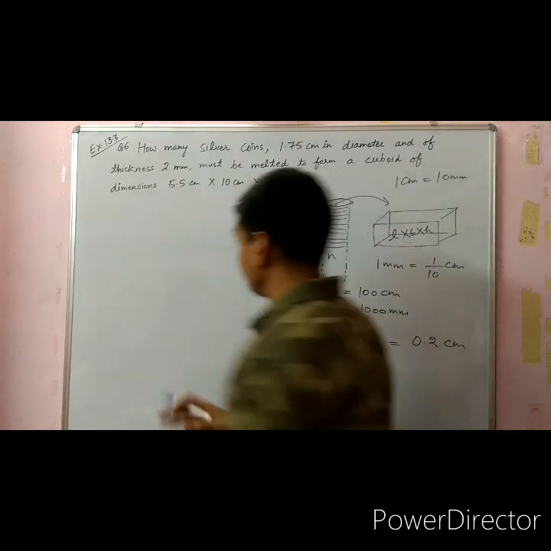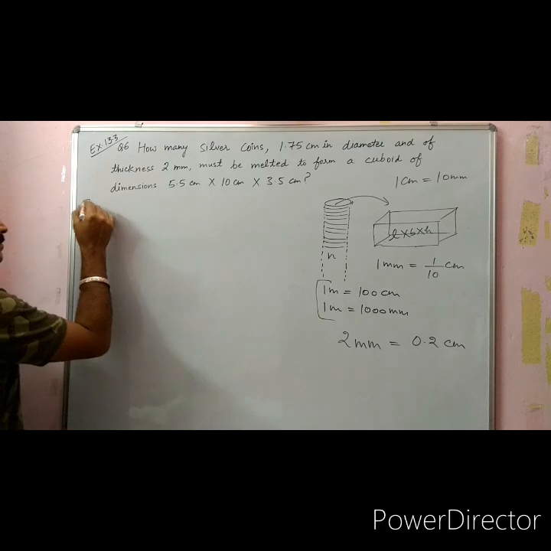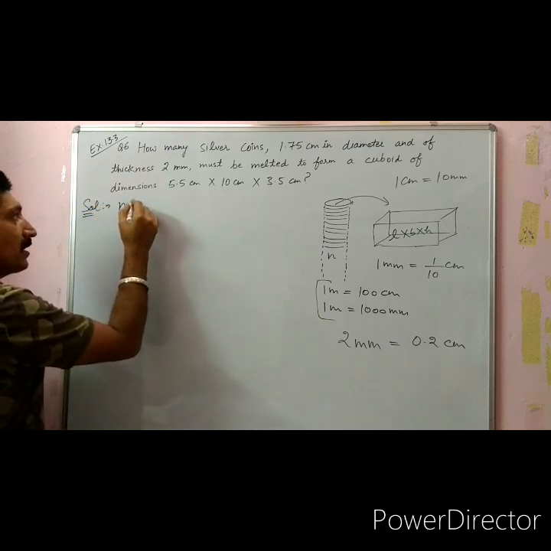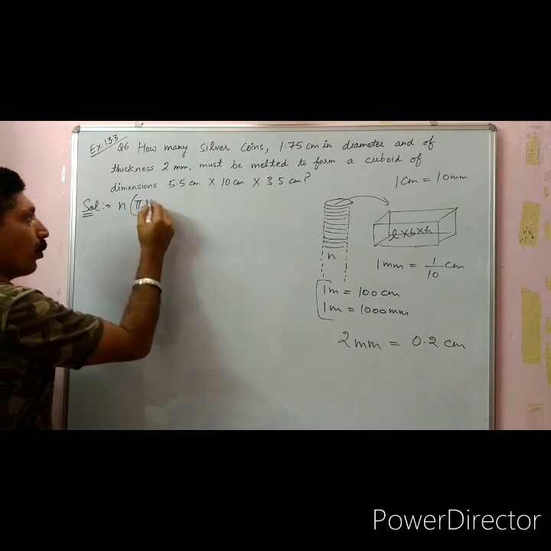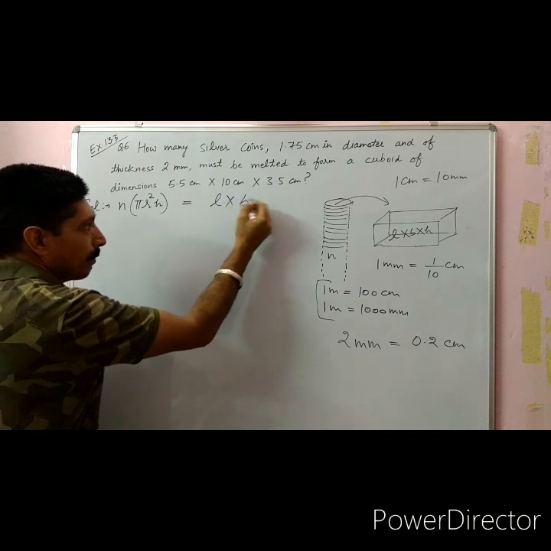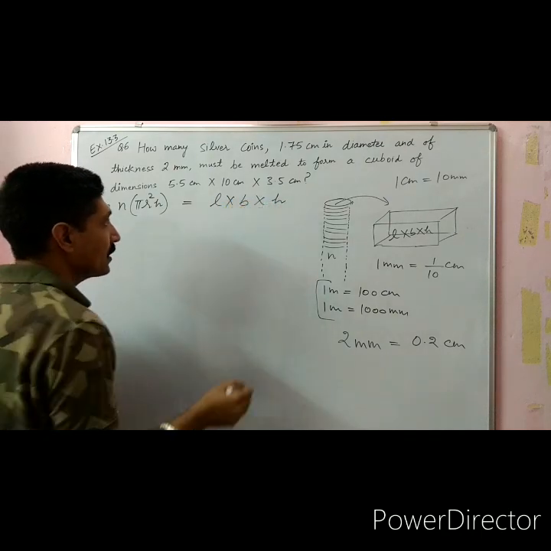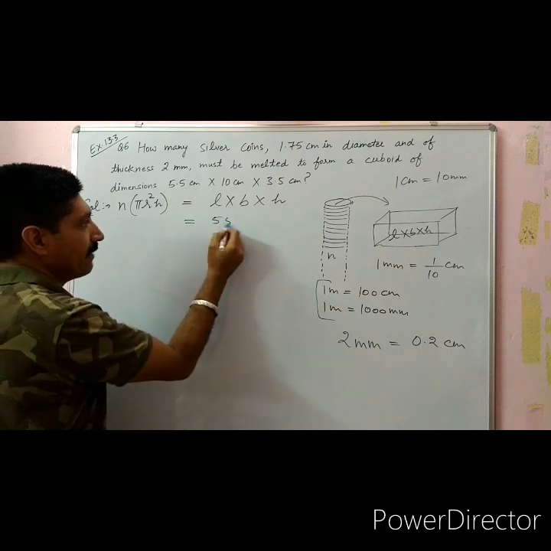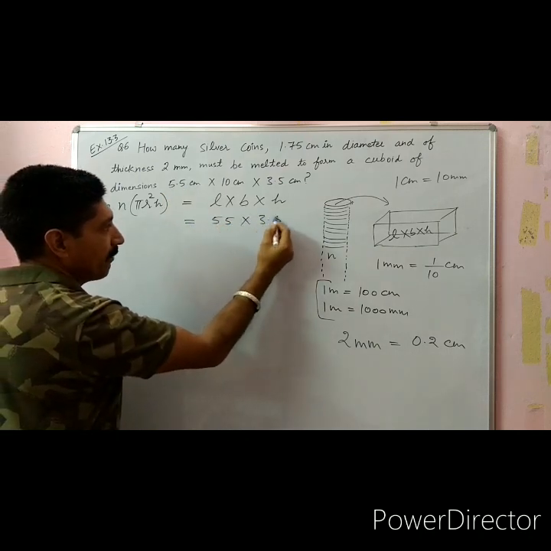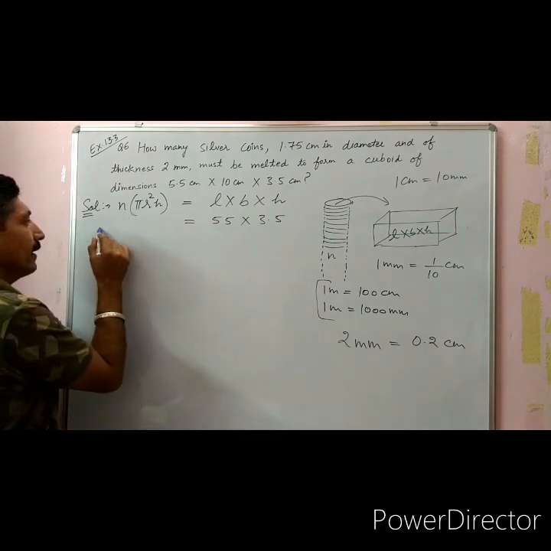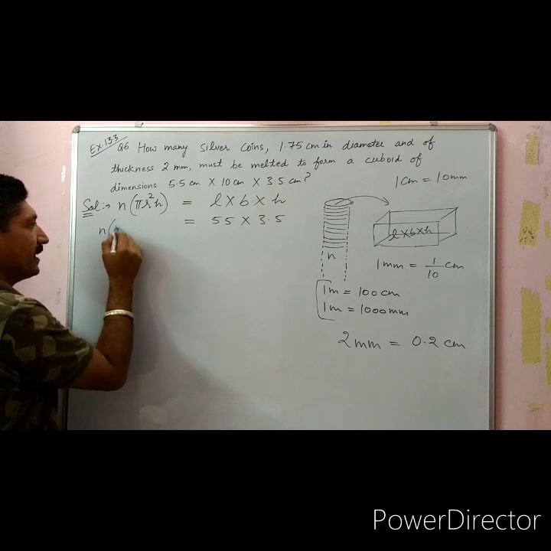Now come to the solution part. We have n times the number of coins, which is equal to L into B into H. So here that is 10 into 55, that is 5.5 into 3.5 here, whereas pi is 22/7.